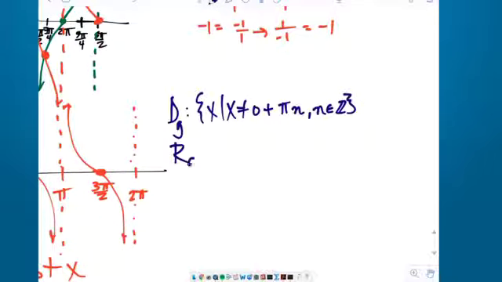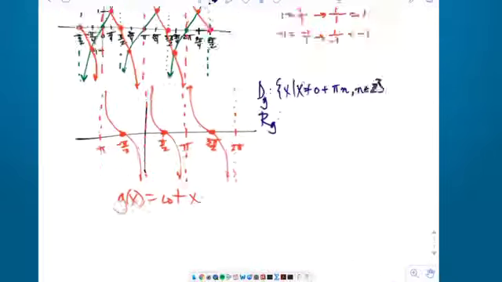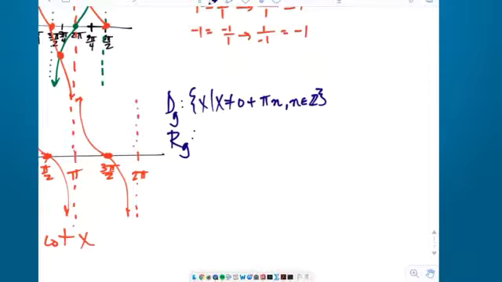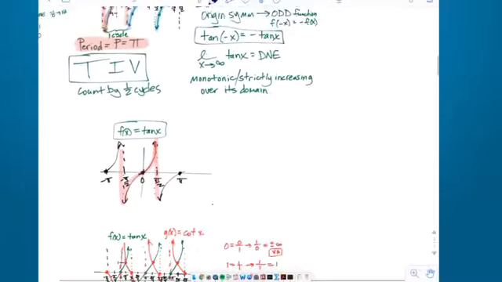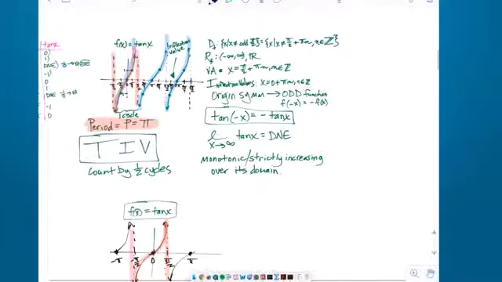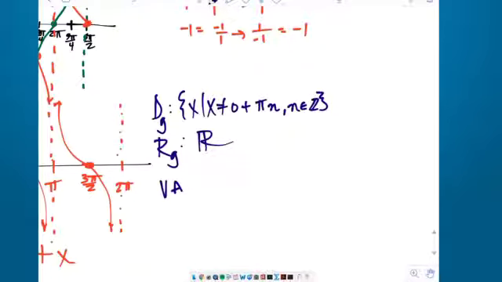What's the range of cotangent? All real numbers. That's the same as tangent. Then we looked up here. Let's do the vertical asymptotes. This one has vertical asymptotes now at x equals pi n, where n is an integer, instead of x does not equal.